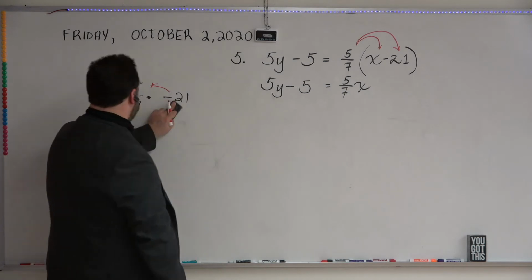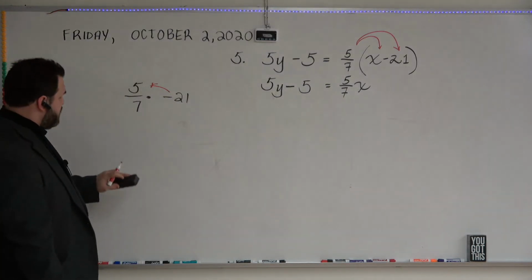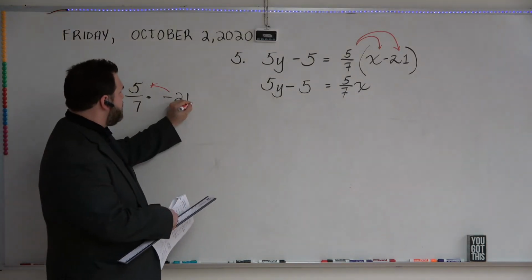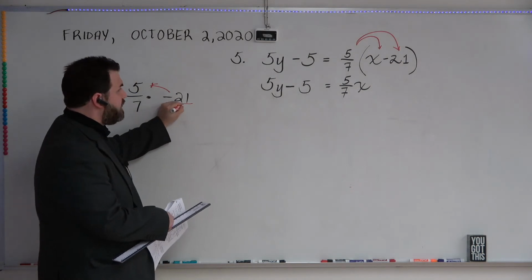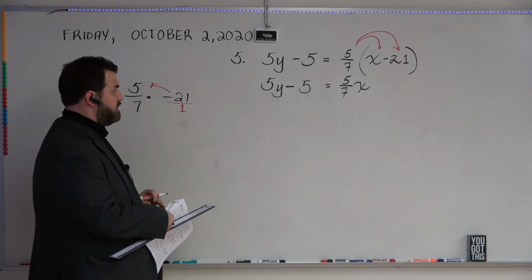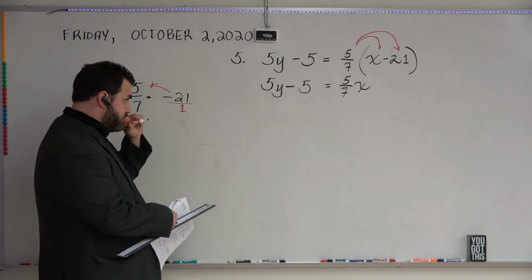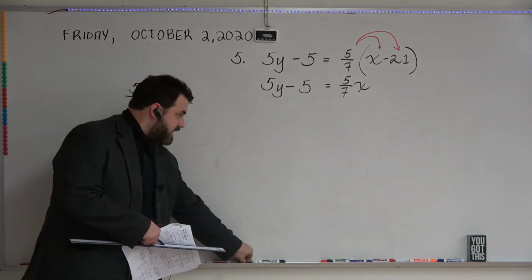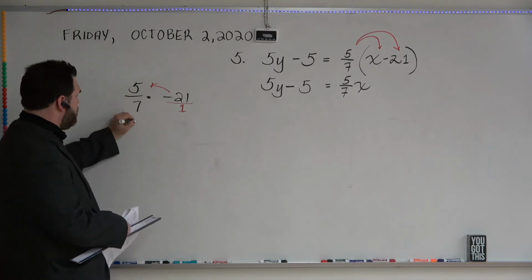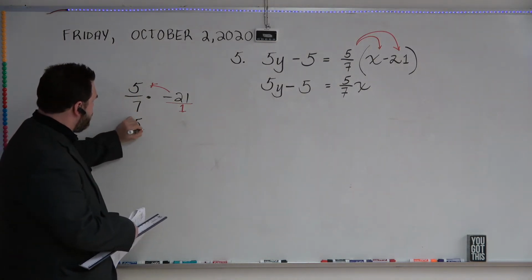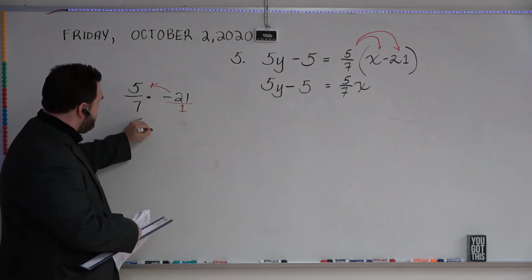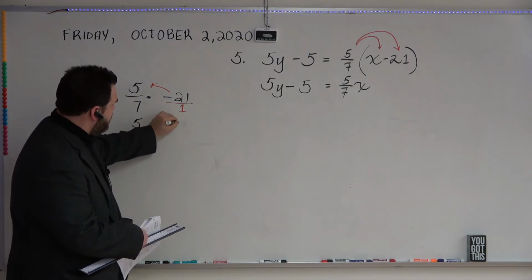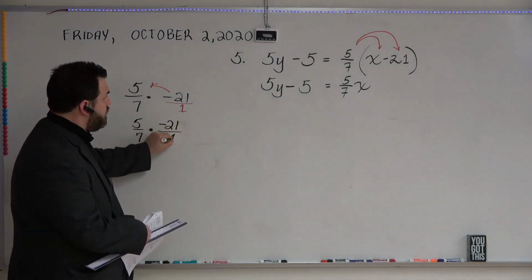We're going to just choose the top, okay? So we can really think of negative 21 as like negative 21 over 1. Yes, so we're going to look at this like 5 over 7 times negative 21 over 1.